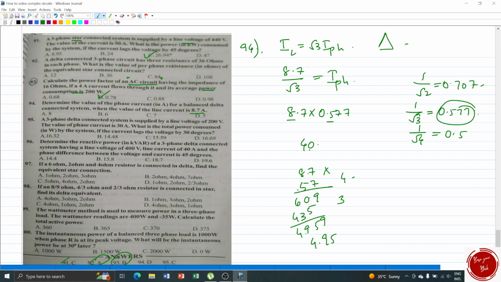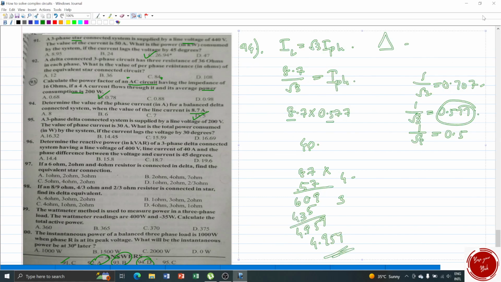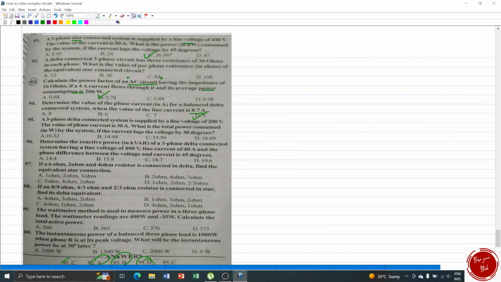It is 4.959, which is about 5. So option D is the right answer. 94, option D. Moving on to the last question for the video.